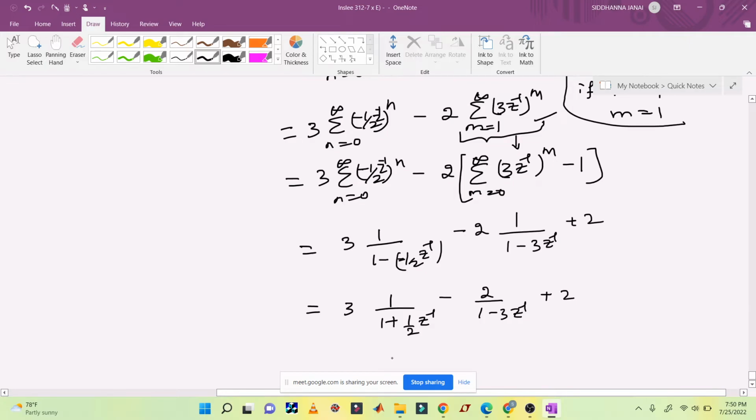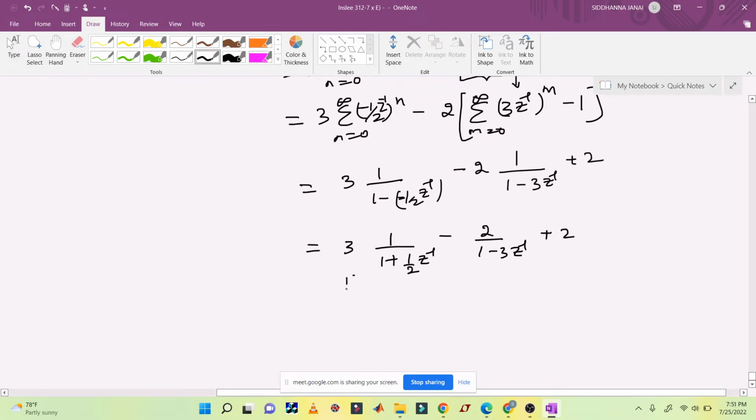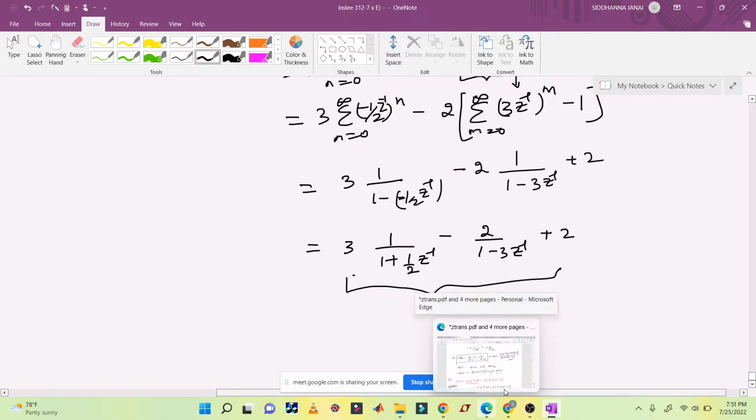So we can now simplify it. I will not go into the simplification aspects, so that we can solve another problem. That's why I will go to the answer. Here we need to remember what is the ROC of this one and what is the ROC of this one.